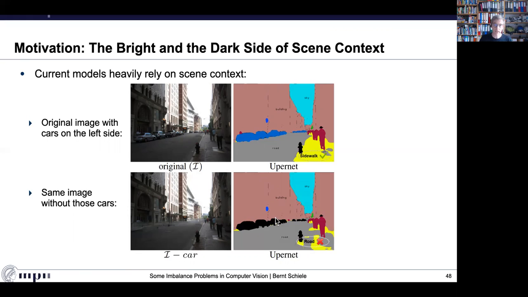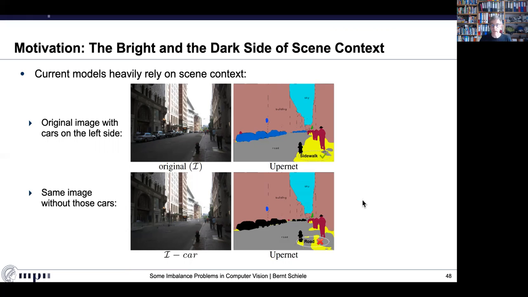When they're parking, there could be a higher likelihood for a sidewalk on the right side of the street. But if you think about it, it's a context that is overused. It's great if the context helps, but here it literally destroys the performance if the context is missing.